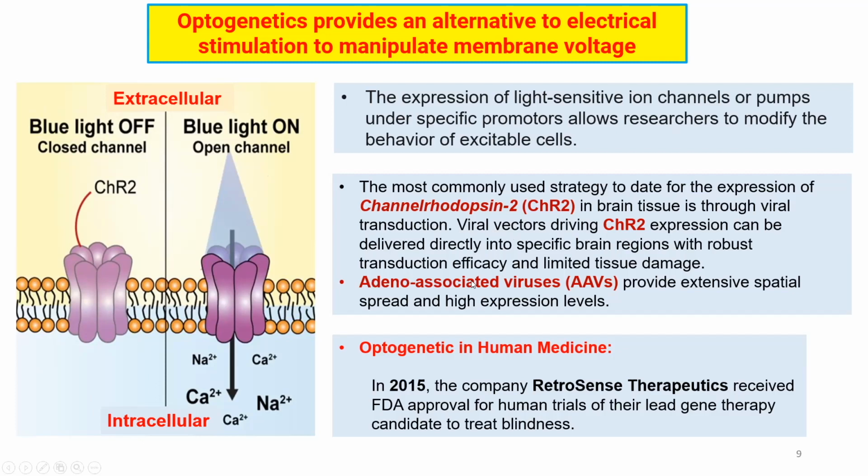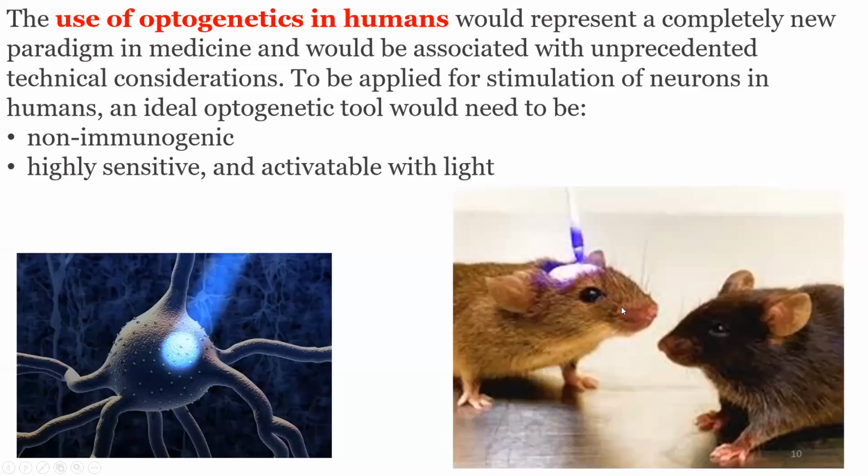They are safe, artificially made viruses which we can use to bring genetic material, particular DNA, to a particular cell. It doesn't transmit from organism to organism, but we can inject it in a targeted way into a particular part of the tissue. And then we can stimulate these particular neurons by light.